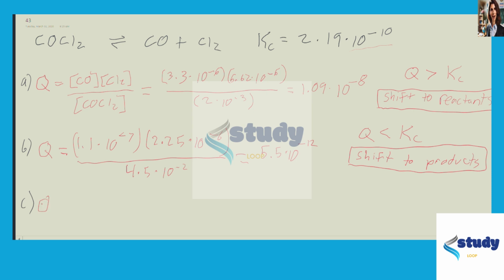We'll do this procedure one more time for part C. We have the same concentration of both species on the product side, and 0.01 of our CoCl2.